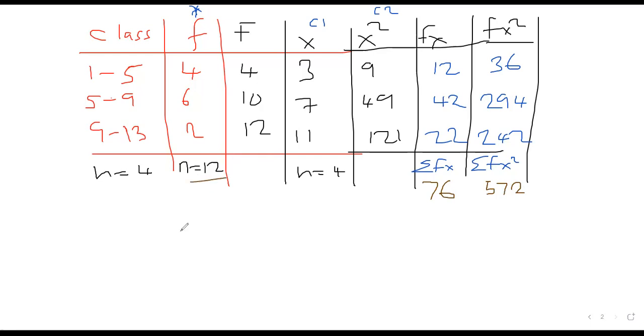And our n is 12. So I want us to find 5 things here. The mean is summation of fx over n. So 76 divided by 12 is 6.333.